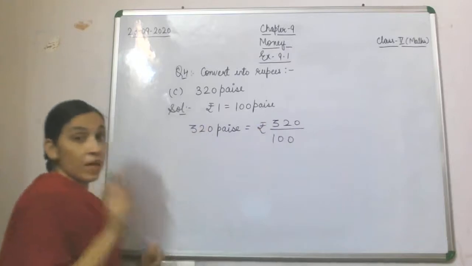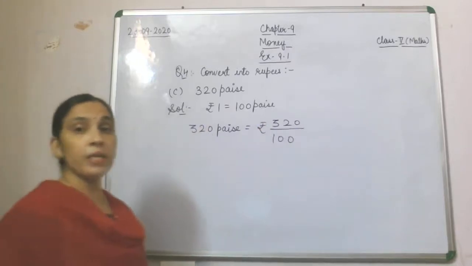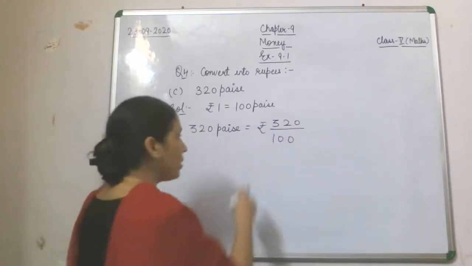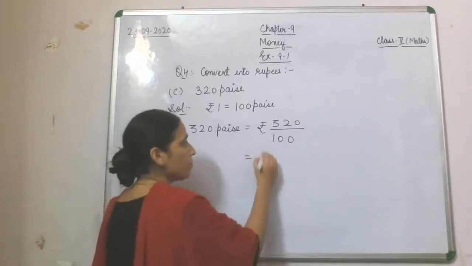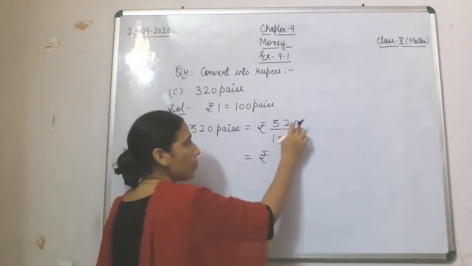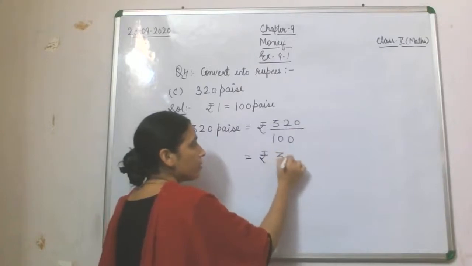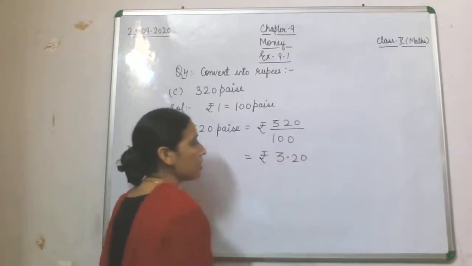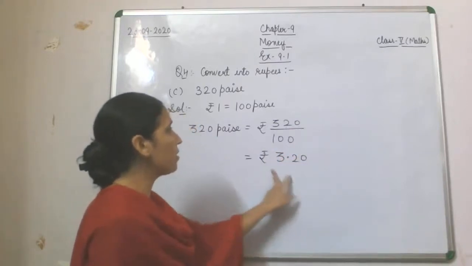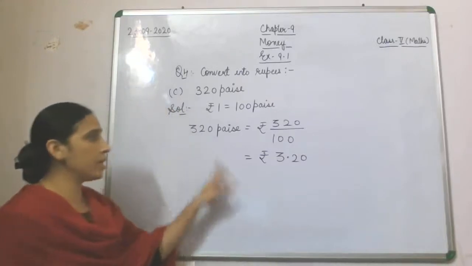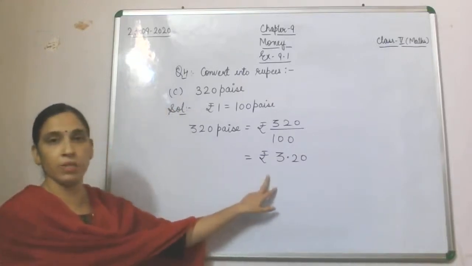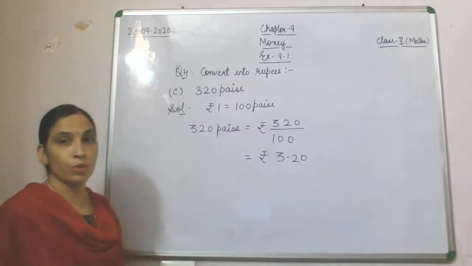When we divide it by 100, it automatically changes into rupee, so here you can put the rupee symbol. Now count from the back 1, 2 and put the decimal here: 3.20. So this will be the answer. Therefore 320 paise can be written as rupee 3.20.